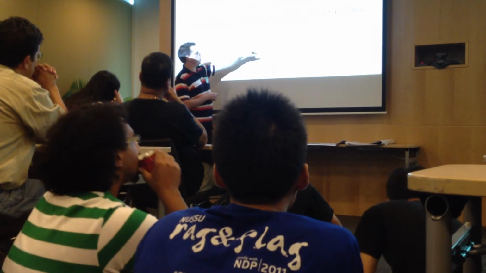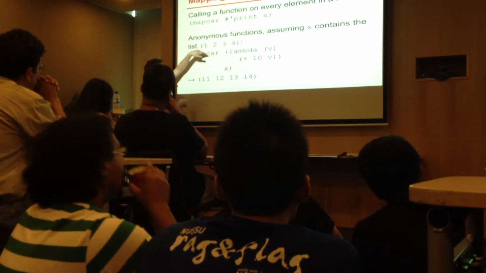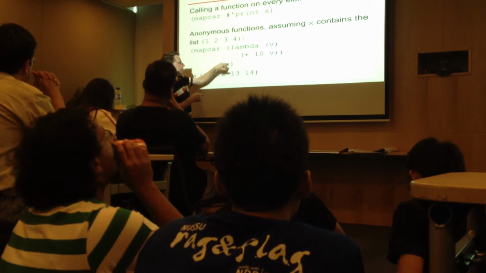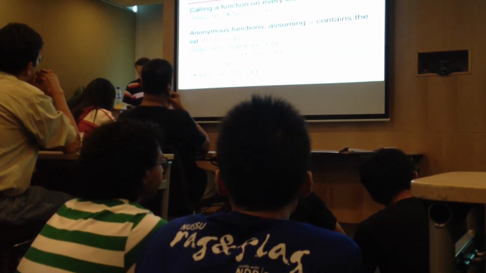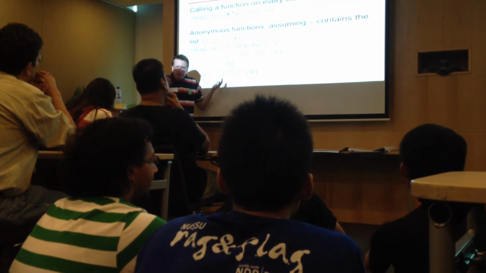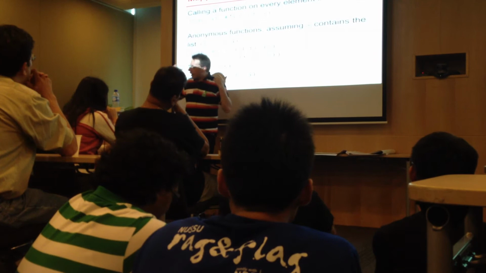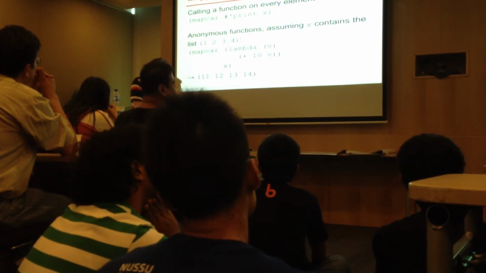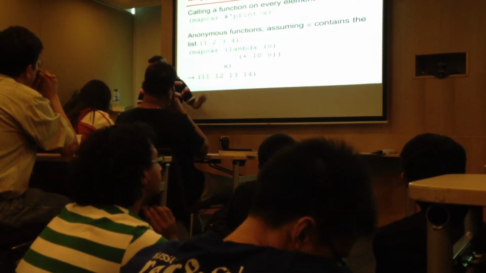This function would add 10 to the value, so the return value of mapcar is a concatenation of all the values that came out of here, so the result is 11 to 14. Again, I don't expect you guys to remember this, but I want to illustrate what the language looks like when you're actually doing development.